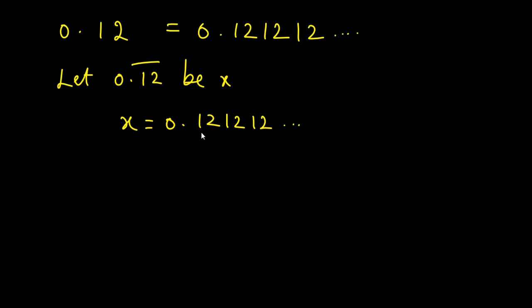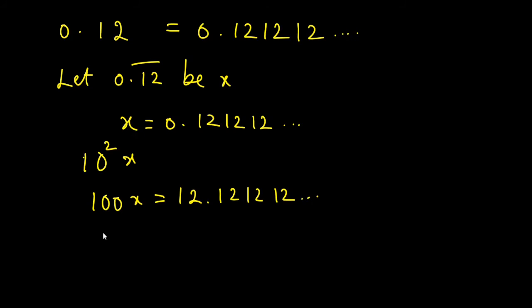So here two decimals are getting repeated. So we have to multiply x by 10 power 2, that is 100. The 100x is equal to, by multiplying by 100, the decimal point goes here. This becomes 12.1212 repeated.